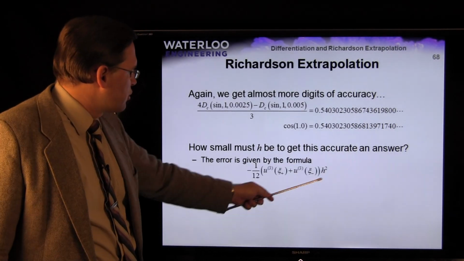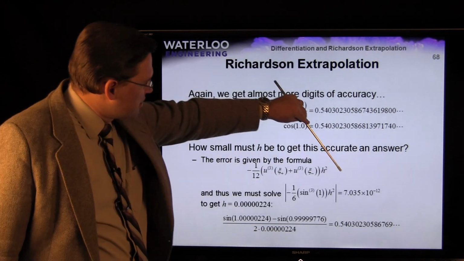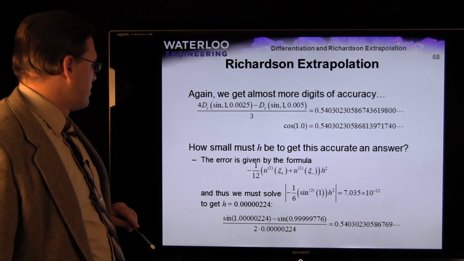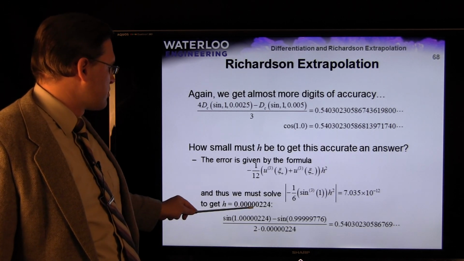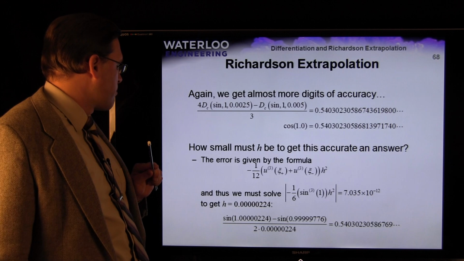Well, given this error term, solving this for the desired error, we get a value of h equal to 0.000224.